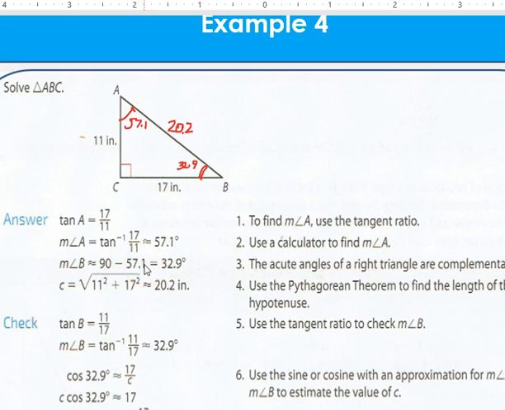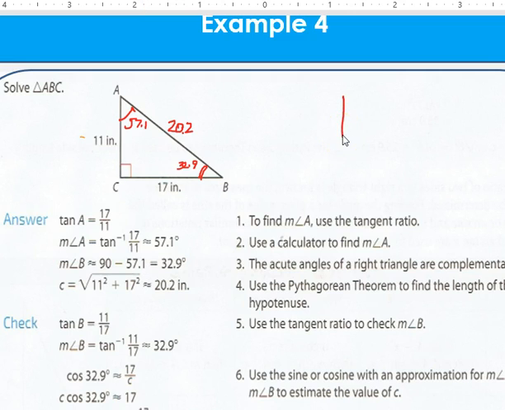And there you have all of your unknowns. Be sure that when you're working these problems that you write down what you're solving for, and that's exactly what they've done here in this problem. They solved for angle A, they solved for angle B, and they solved for side C. And you may be looking at this and thinking, wait, there's no C on there.